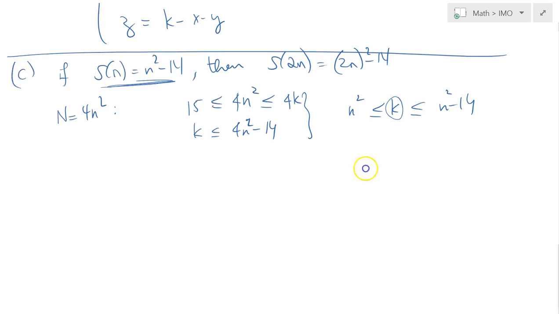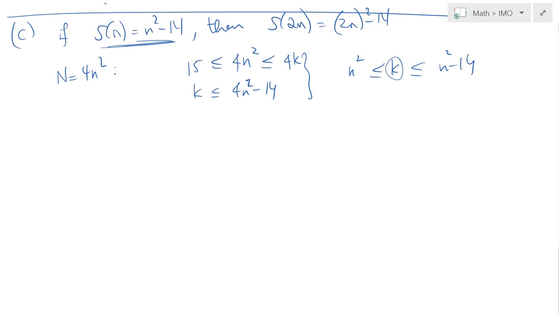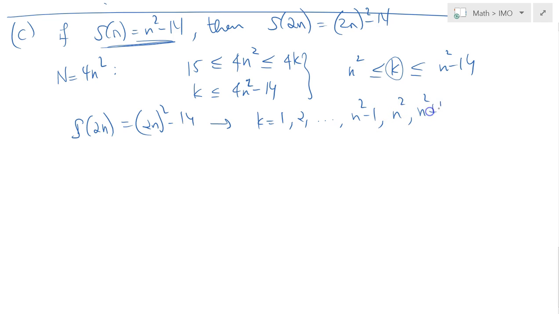But I'm still not done, so I still need to show between 1 through n minus 1 squared, right? So to show that S of 2n is equal to 2n squared minus 14, I need to show for k equal to 1, 2, all the way to n squared minus 1, n squared plus 1, oops, and so on, n squared minus 4.